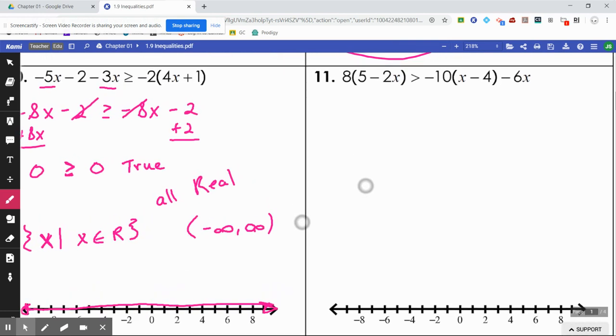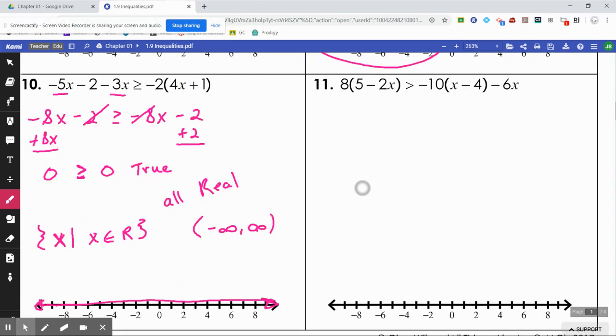Number 11, distributive property is going to be 40 minus 16x is greater than -10x plus 40 minus 6x. And it looks like the same thing is going to kind of happen here. 40 minus 16x is greater than 40.